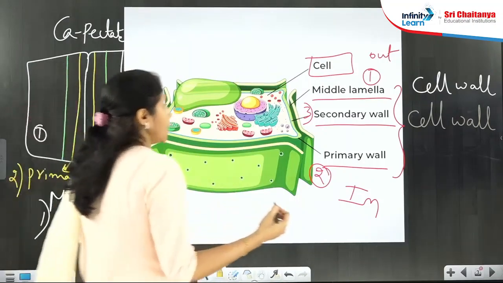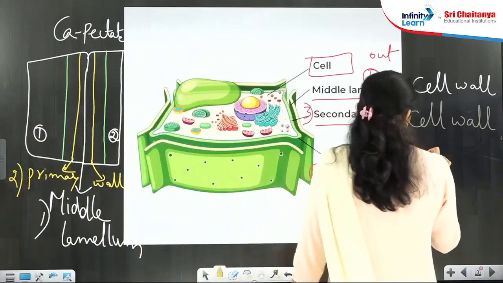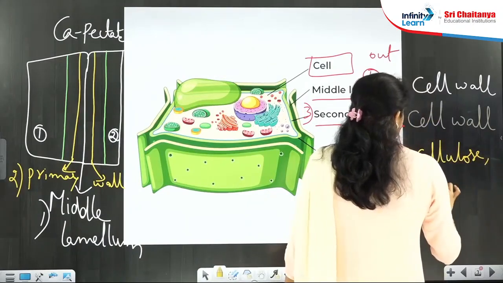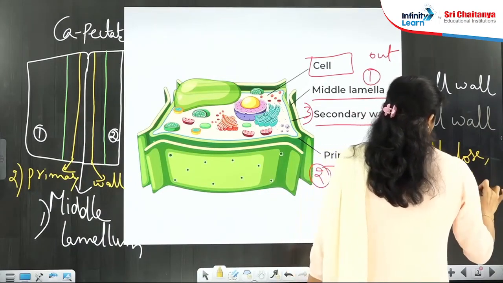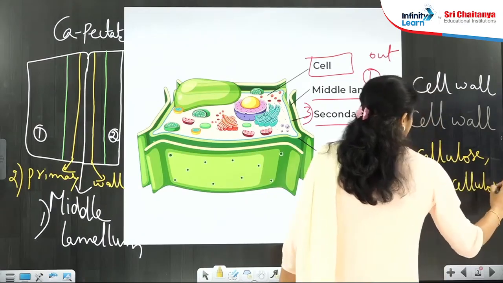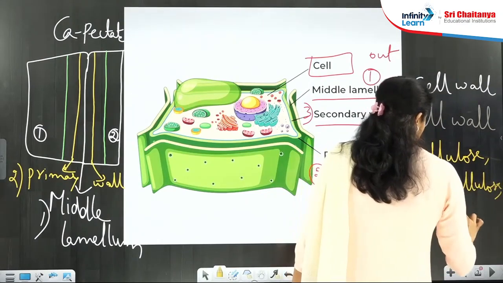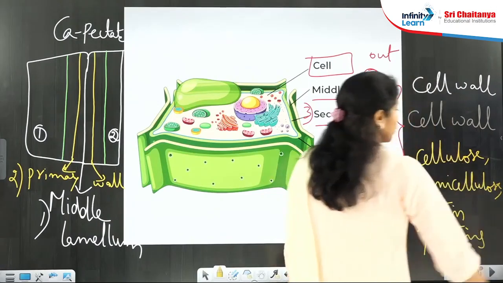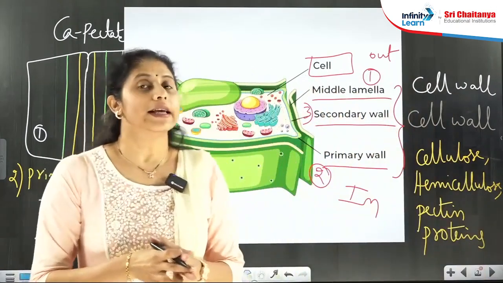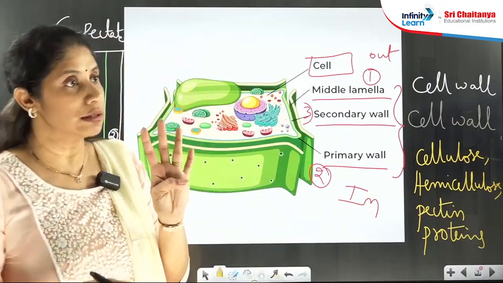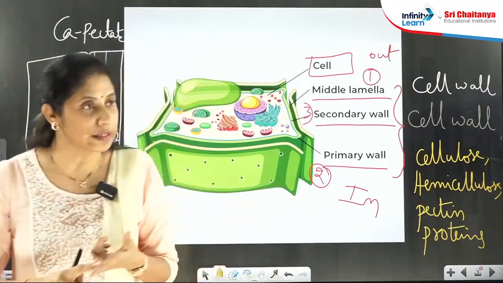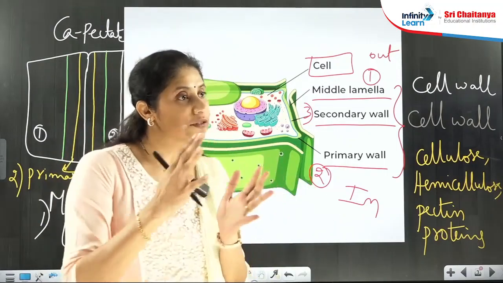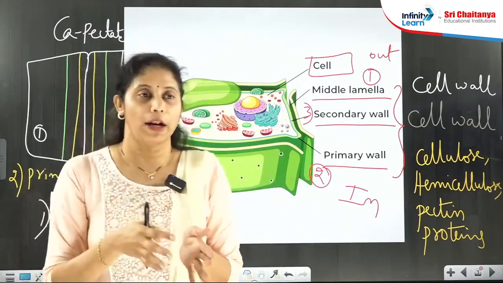The materials which are there in the primary cell wall are cellulose, hemicellulose, pectin and proteins. So primary cell wall is made up of 4 materials, mainly cellulose, hemicellulose, pectin and proteins. So this is always formed on the inner side of the middle lamellum.